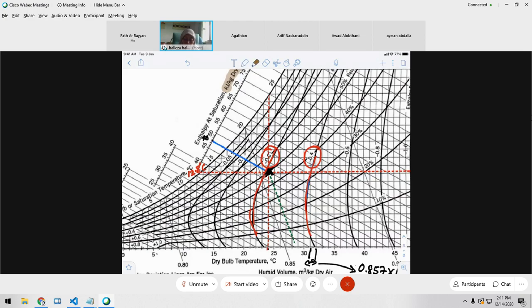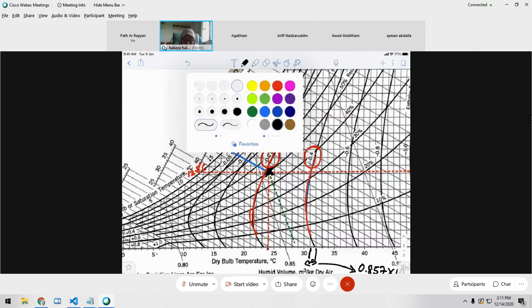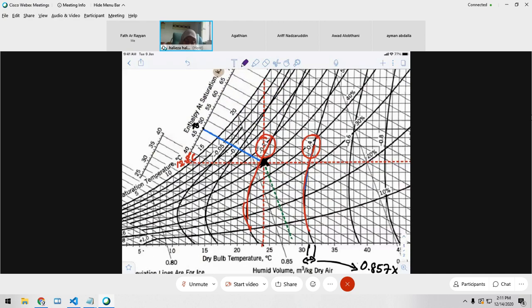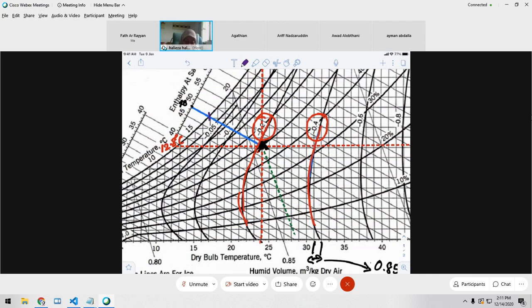I don't want to use black because it will not be visible on the graph, so let's choose purple. It should be that location. That is your dew point on the 100% curve. So this is 15.